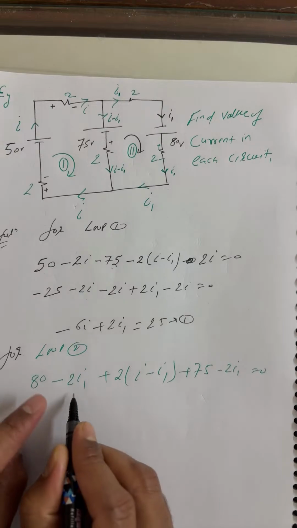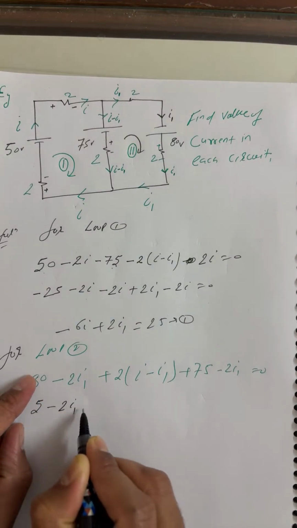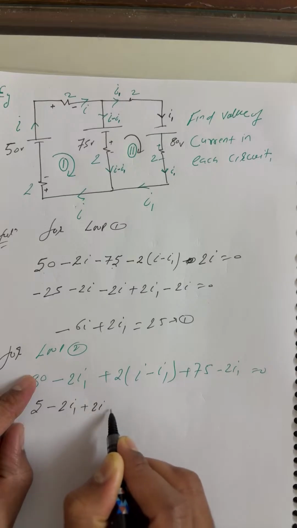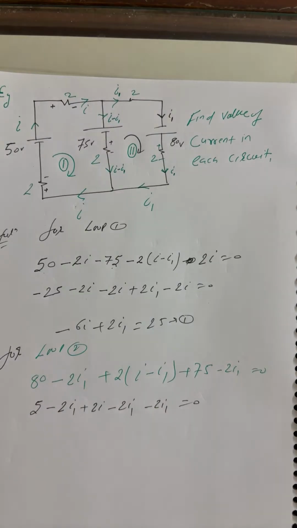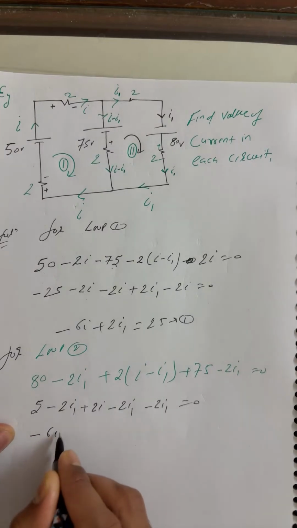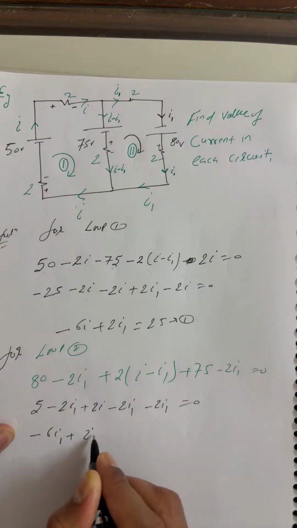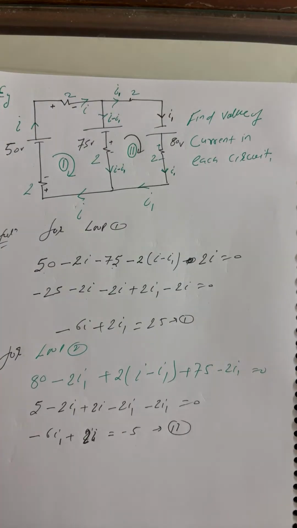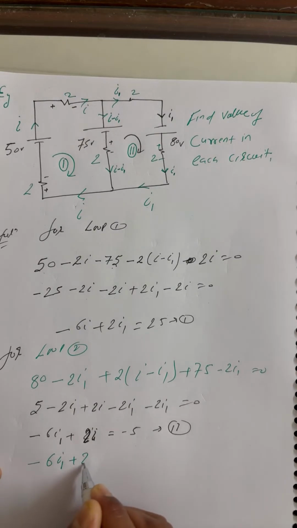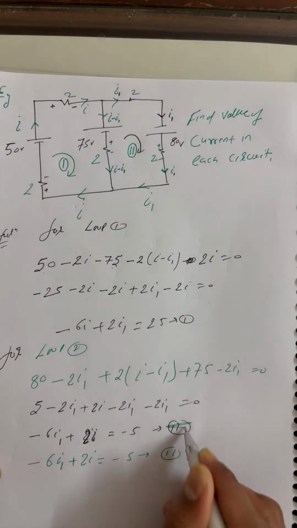So 5 minus twice I1 plus 2I minus twice I1 minus twice I1 is equal to 0. So minus 6I1 plus 2I equals minus 5. Writing once again: minus 6I1 plus 2I equals minus 5. Equation number 2.